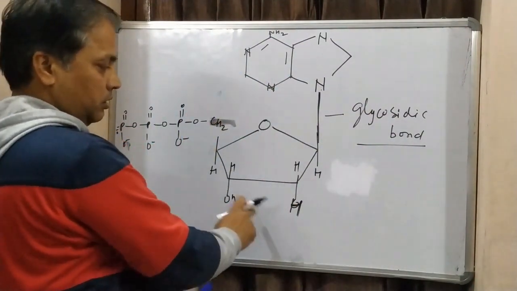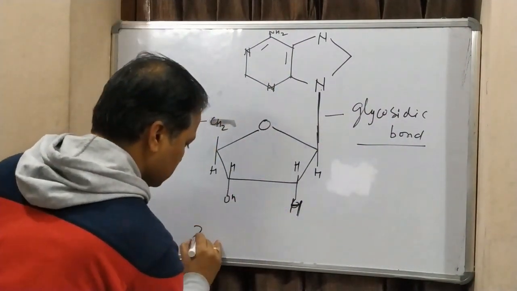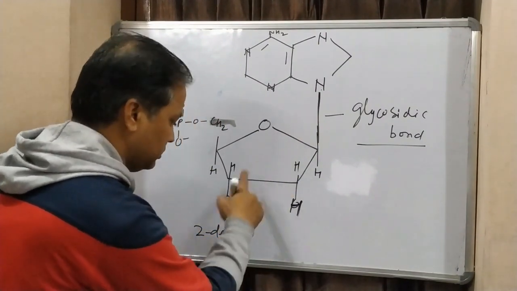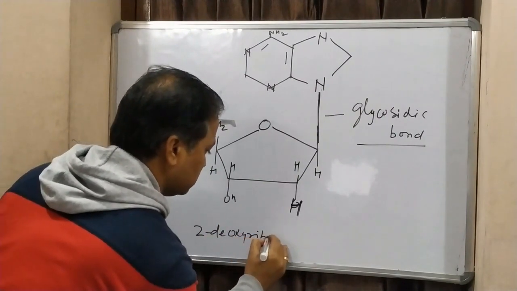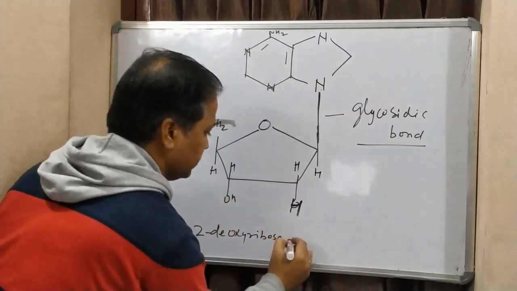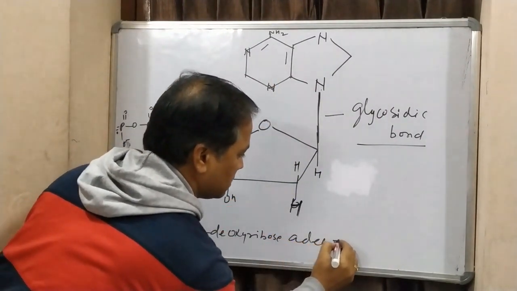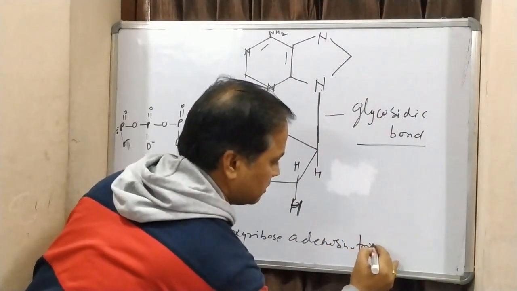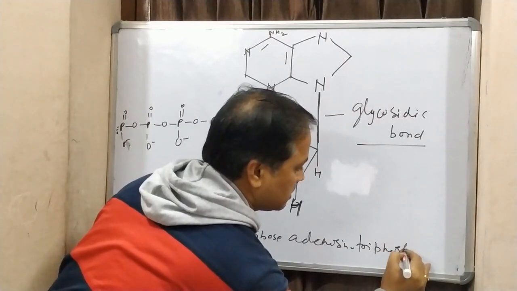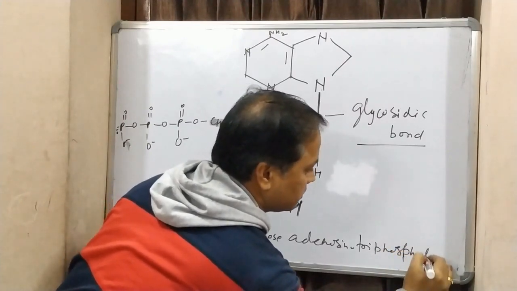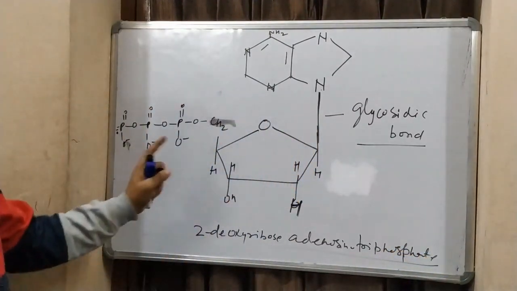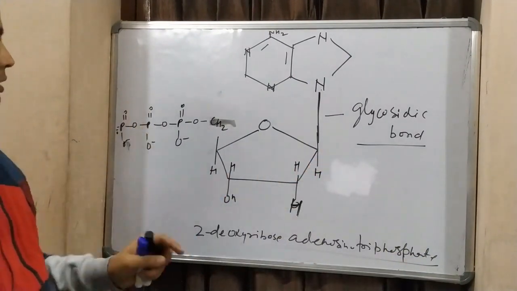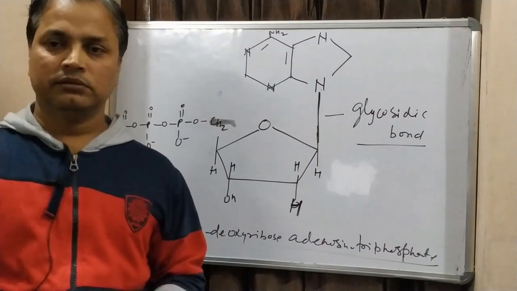Because this is 2-deoxyribose, adenosine triphosphate. This is 2-deoxyadenosine triphosphate. This is one nucleotide.